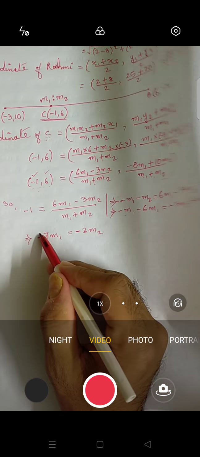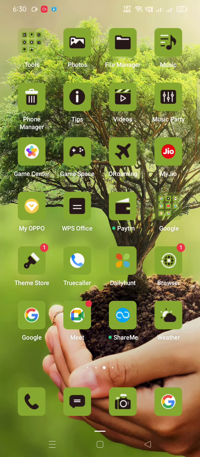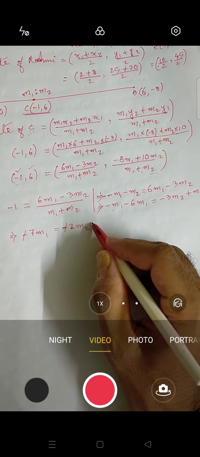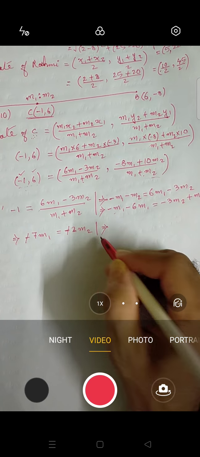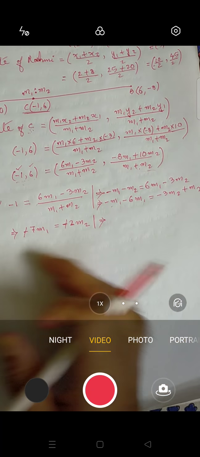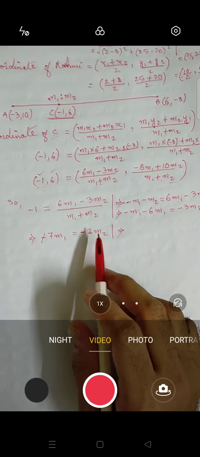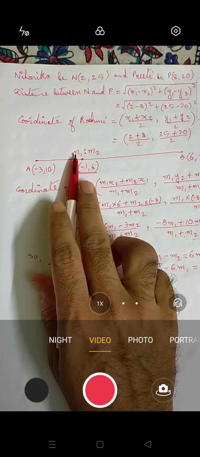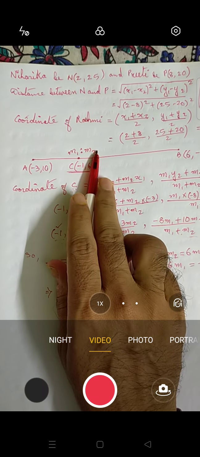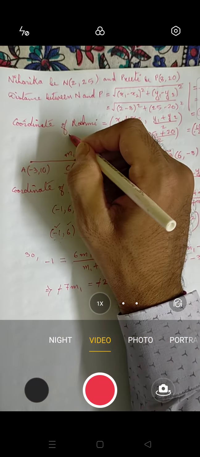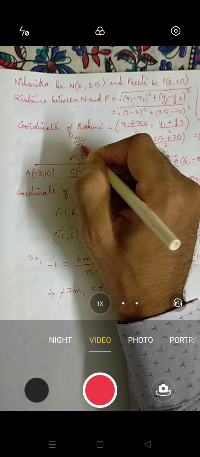Now this minus and this minus can be cancelled. Okay? Now next step, you can write downward, that means next line. Now you wanted ratio, and you know that the ratio m1 is to m2 means m1 divided by m2.